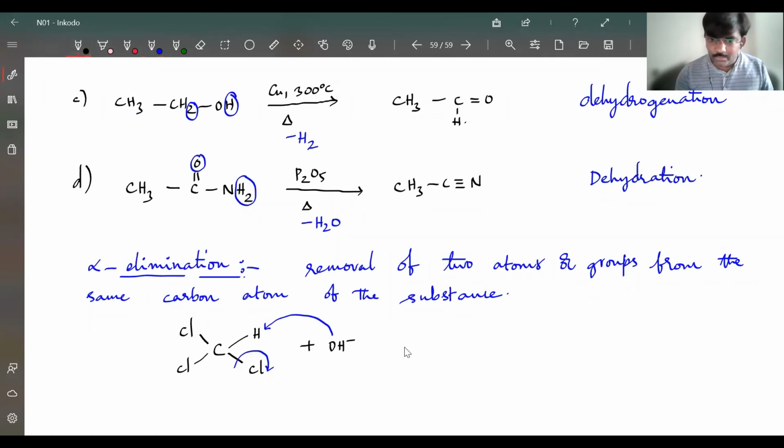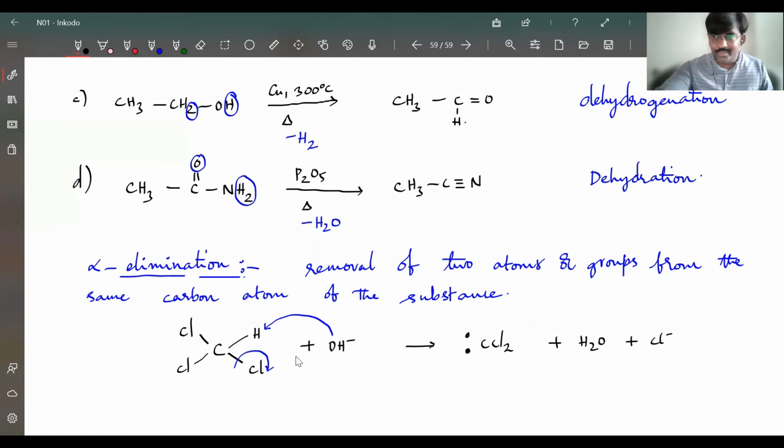So finally, in this case I'll get a carbene, dichlorocarbene, along with a water molecule, because OH minus ion combines with H plus, and Cl minus ion comes out separately.